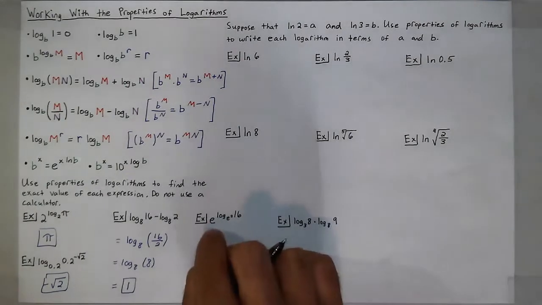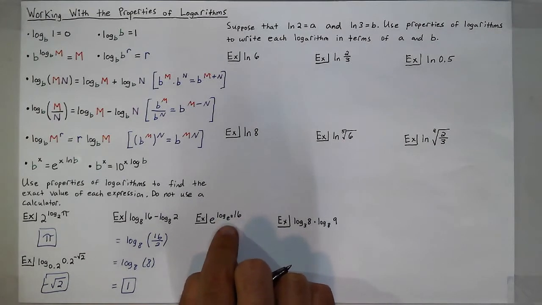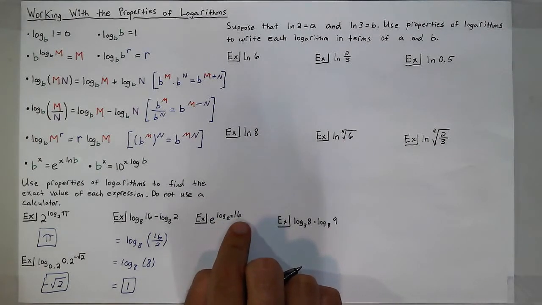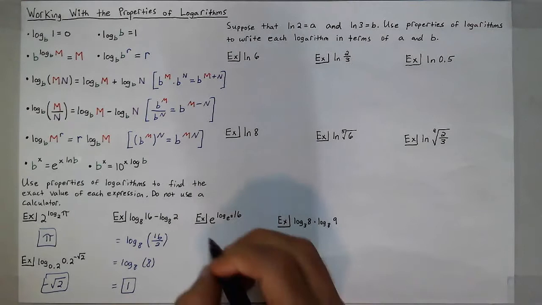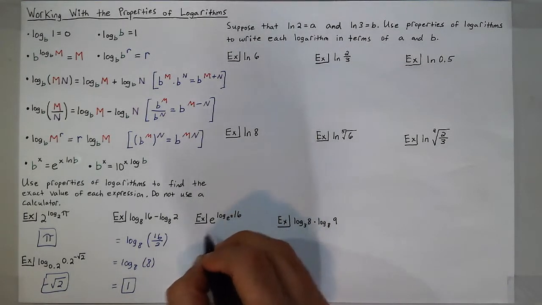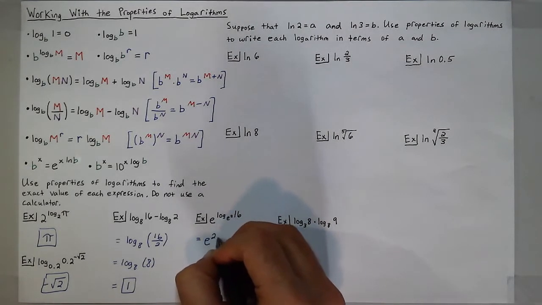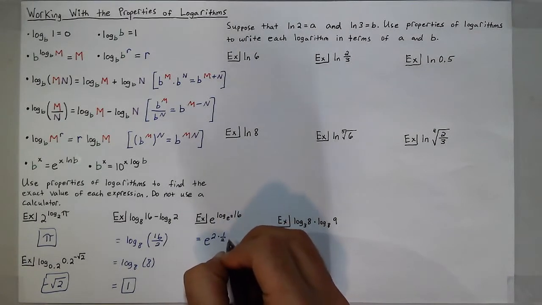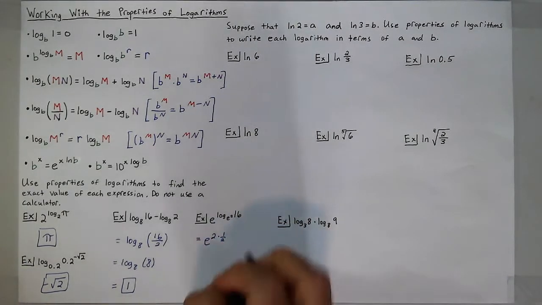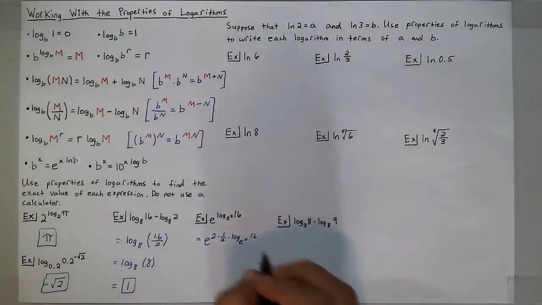Now, if I have e to the log base e squared of 16, what I can do is rewrite this, because right now e doesn't match the e squared. But what I can do is write e to the second times 1/2, 2 times 1/2, which is 1, times the log base e squared of 16.